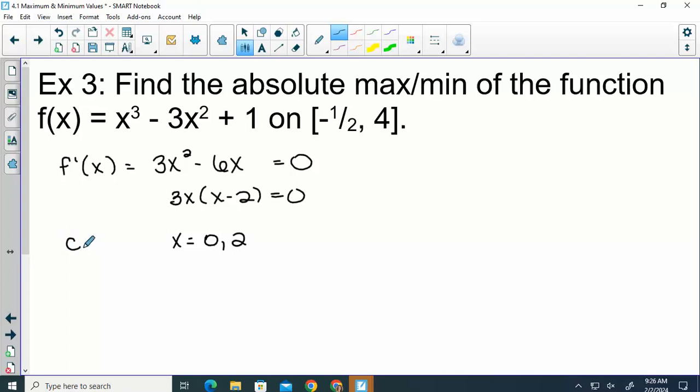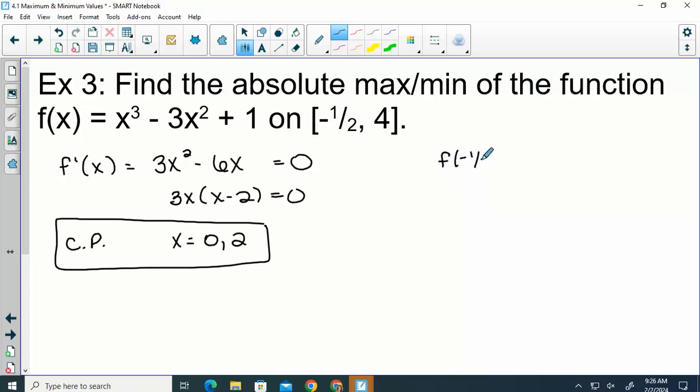Those are my critical points, or my critical numbers. Is there anywhere where this derivative would have been undefined? No, we didn't get a fraction, so we don't have to worry about that. So then, to find our absolute max and min, we have to test our endpoints and our critical points. Okay, so my critical points are 0 and 2.